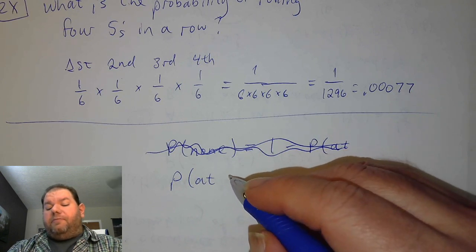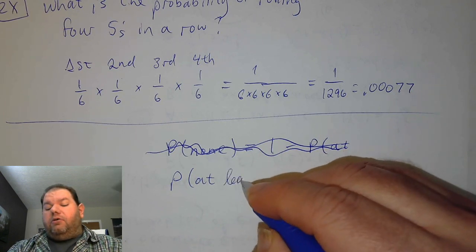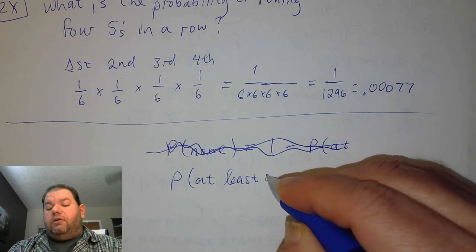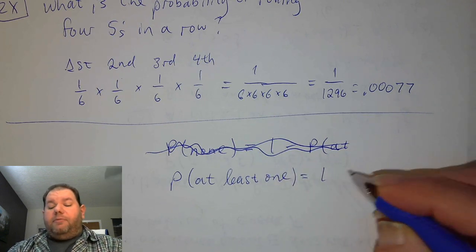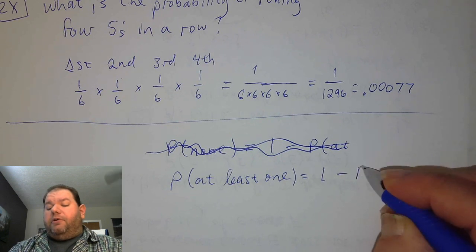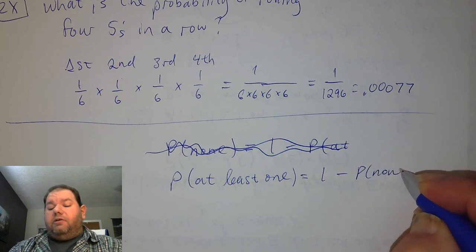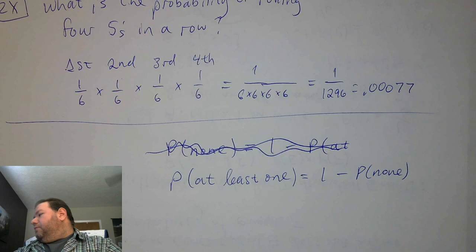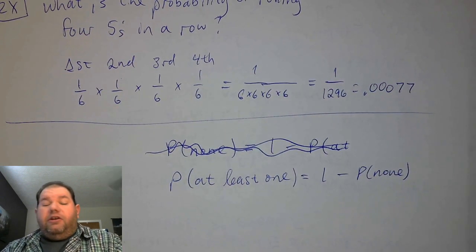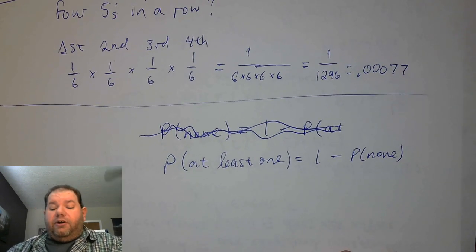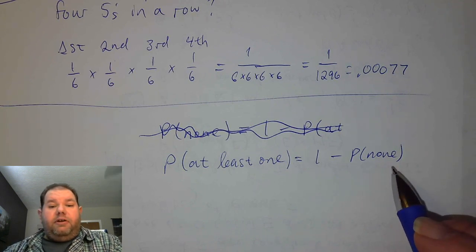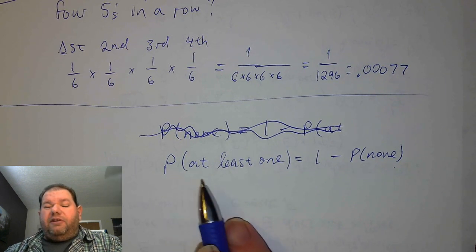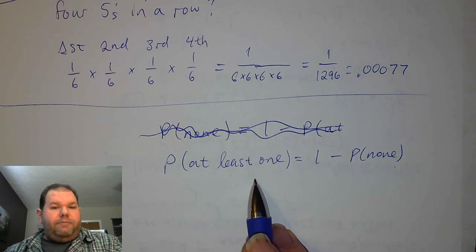If we want to find the probability of at least 1, then we can use the complement to find 1 minus the probability of none. In terms of which one is easier to calculate, it's actually much easier to calculate the probability of something not occurring than the probability of something occurring at least one time.